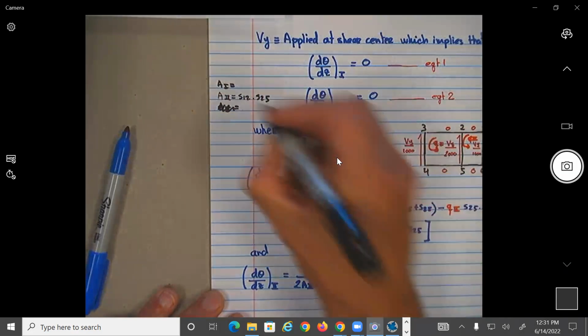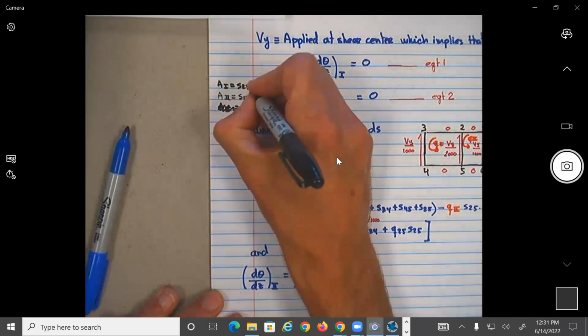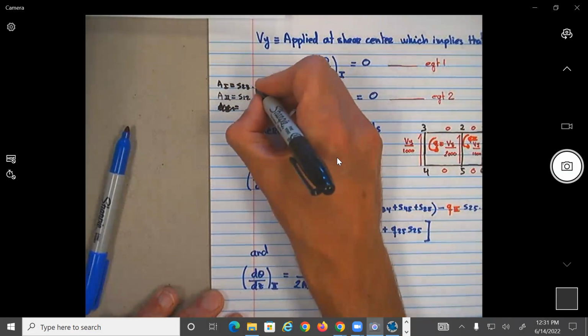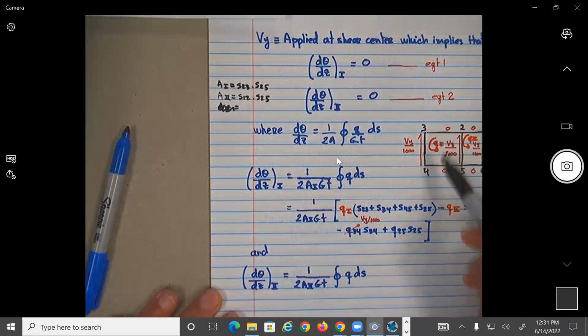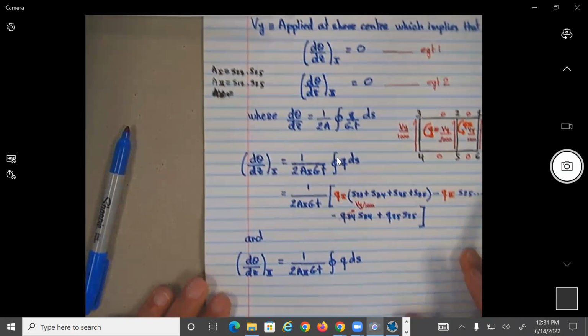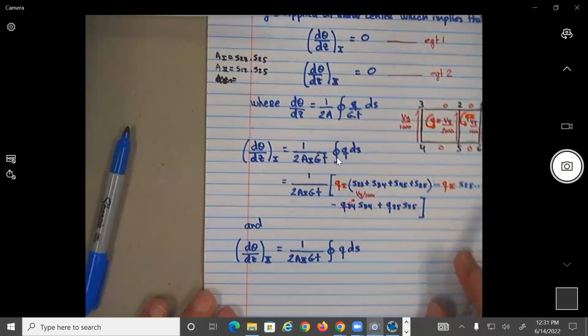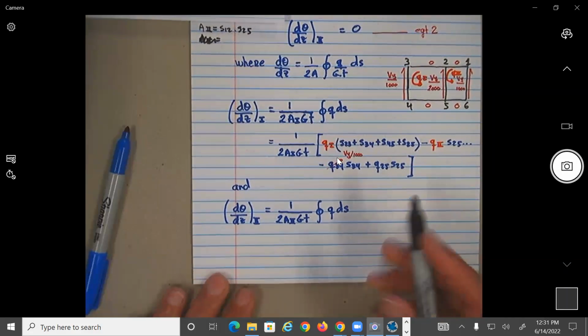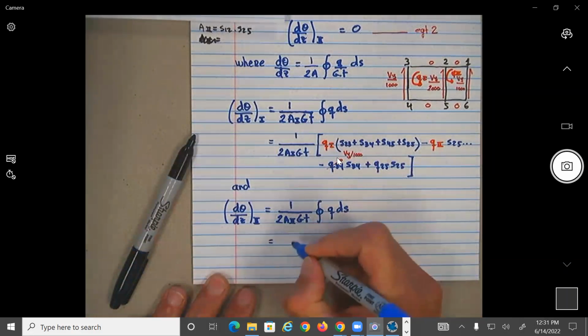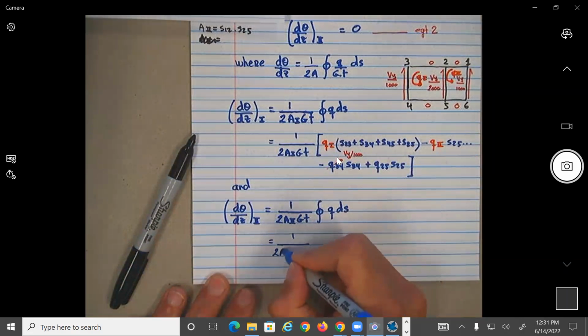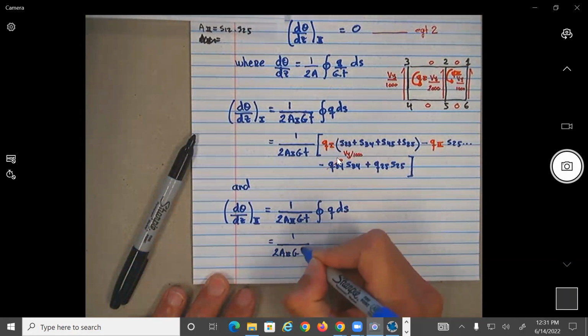And A1 should be S23 times S34 or S25. Yes, it's just the area of the cells, no? Okay. T is constant over time. So for the second one, what are you going to have? One over 2 A2 GT.